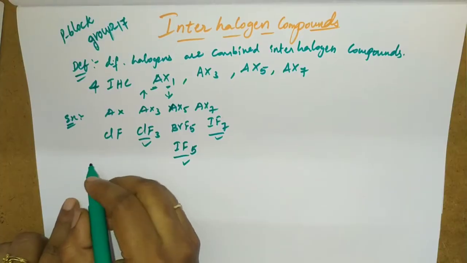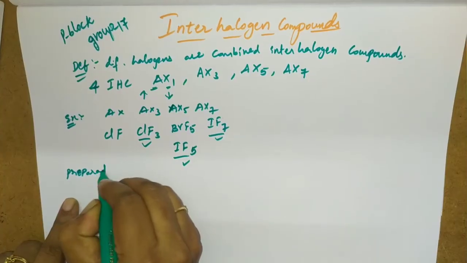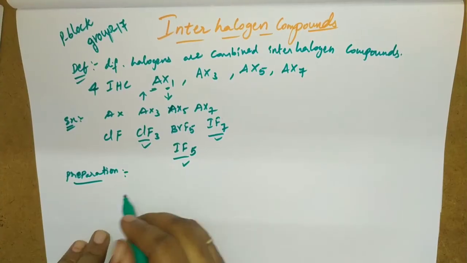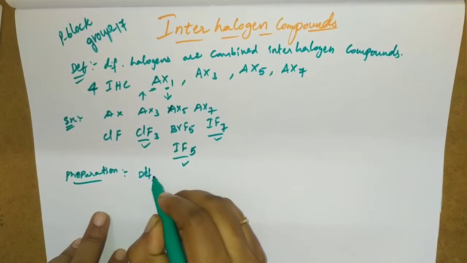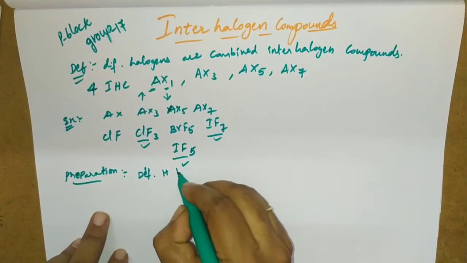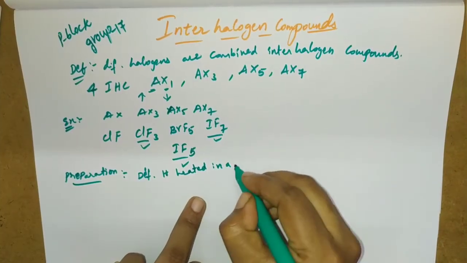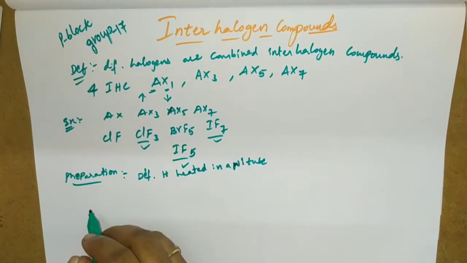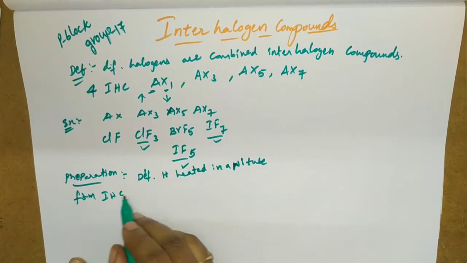So what are the preparation methods of interhalogen compounds? Here, different halogens are heated, not hydrogen, halogens are heated in a nickel tube to form IHC, interhalogen compounds.